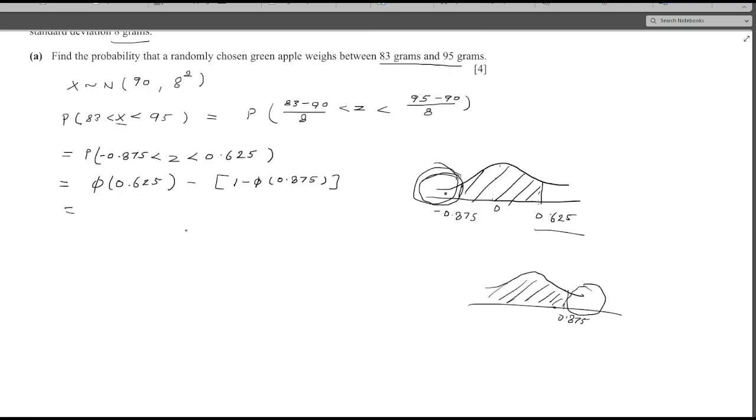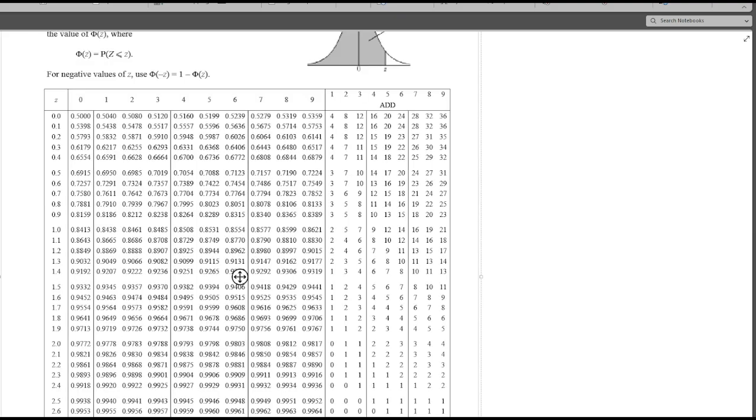Then 1 minus 0.875: 0.87 and 5, so 0.87 is here, and 5 mean difference is 14. So 78 plus 14, the mean difference is added to the last two digits, it is 92. So 0.8092.